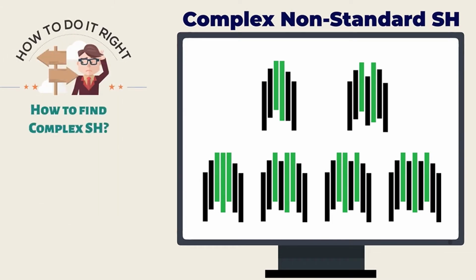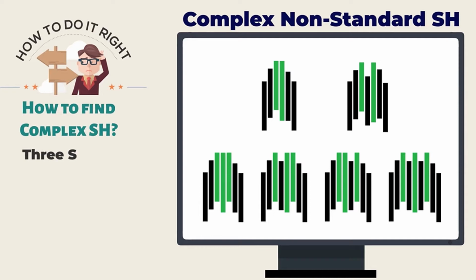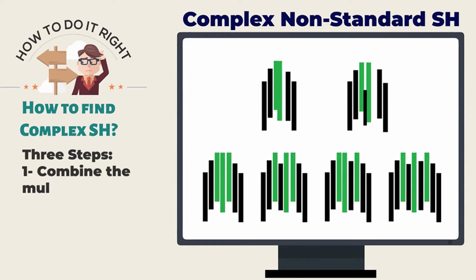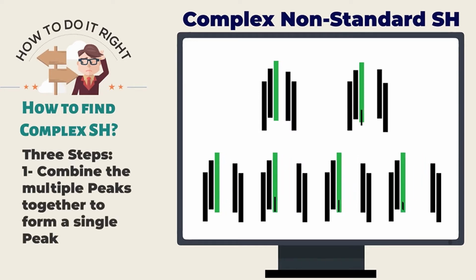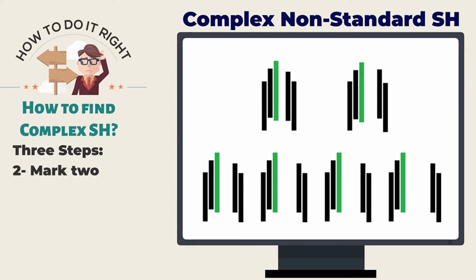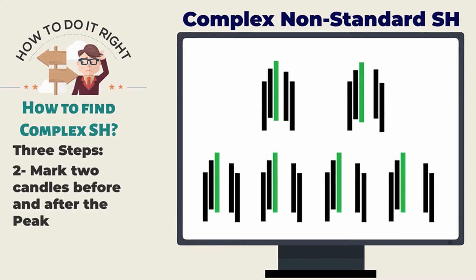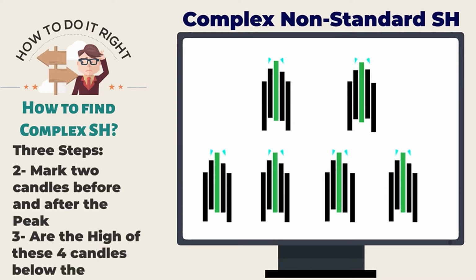To recognize a complex non-standard swing high, follow the same 3-step rules for determining a swing high. But at step 1, combine the multiple peaks and the candles between them together to form a single peak. Steps 2 and 3 are the same, and the high of the 4 candles before and after should be lower than the high of the peak candle.